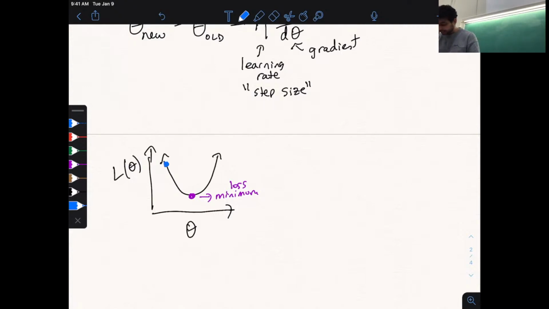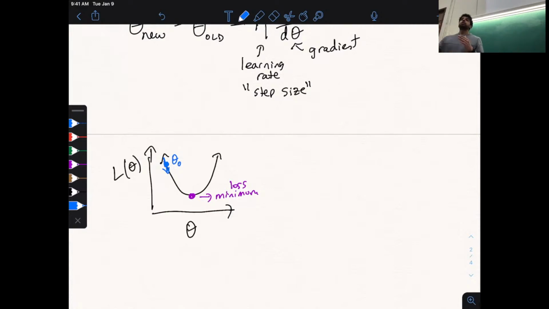Let's say this is the loss when we are at theta 0. So we have randomly initialized our parameter, and we compute the loss on our training data, and this is the loss. Now, if we compute the gradient at this point, and again, let's just discuss the negative gradient here, we might get a direction that looks like this, right?